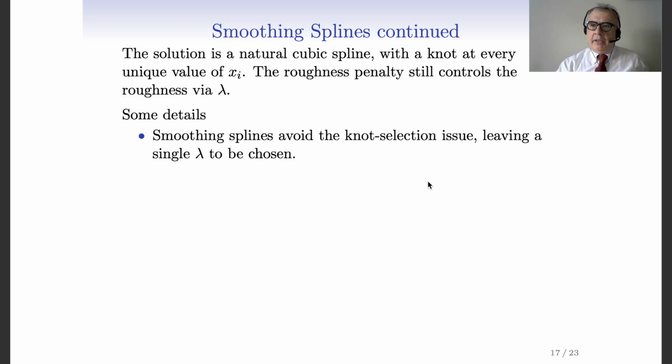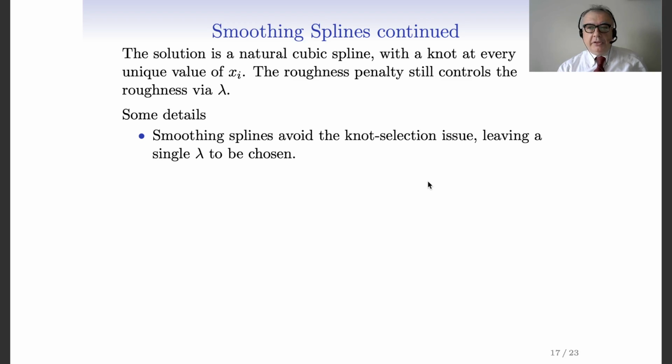And this smoothing spline has a definite advantage on the splines that you already know, because a major problem with the usual splines, I've told you that they should be called regression splines, is that you have to solve the knot selection problem. So you have to decide how many knots you are going to use, and also you should decide where you would like to place them.